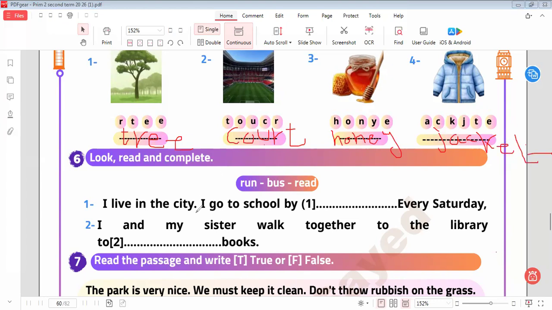Let's continue the rest of the exercise. I live in the city. I go to school by bus. Every Saturday, I and my sister walk together to the library to read books. Okay, to read books. So here I see the reason for going to the library. Okay, let's continue the rest of the exercise.